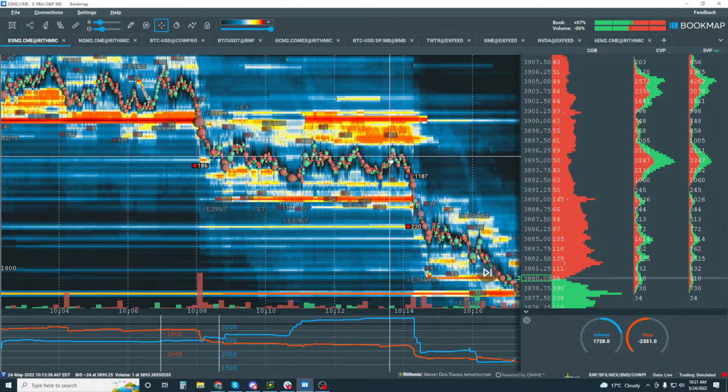Now look at the buy volume compared to the sell volume. Okay, first off, here's the big sell volume, and it's consistent and thorough all the way down with a strong point move. This is what we look for in a move.